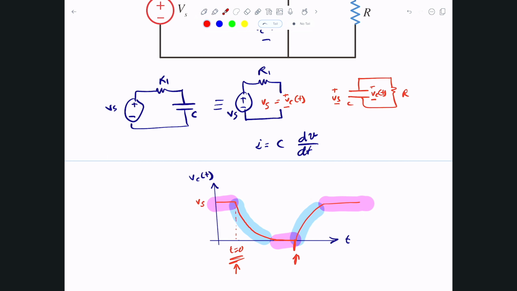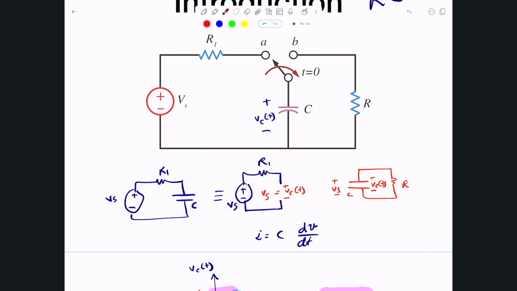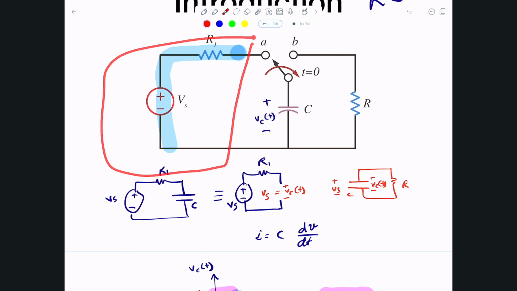So why do we call them first order? Because as it turns out, no matter how complicated the circuit that is connected to the capacitor, we can technically compute the Thevenin equivalent of some sort of a circuit. This part of the circuit can be as complicated as you want it to be; the one that is connected to the capacitor, you can just compute the Thevenin equivalent.